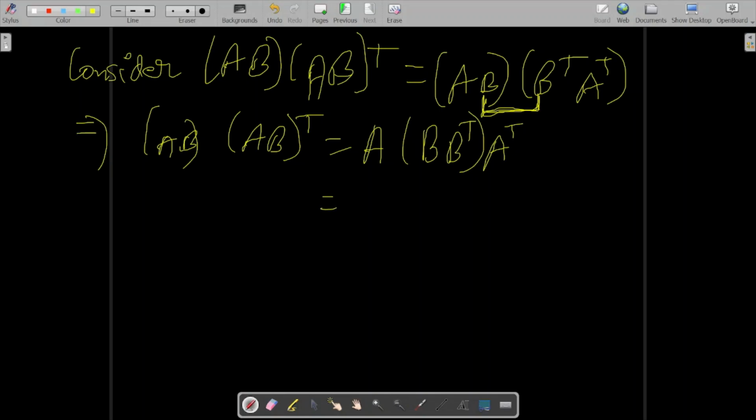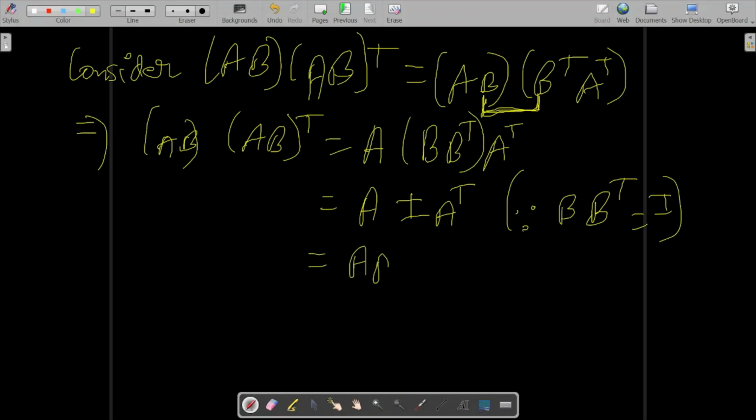So this B transpose is basically your I, right? Why? Because B transpose B is equal to your I. So that's why this has come out to be A transpose, as AI is equal to A by the definition of identity matrix.